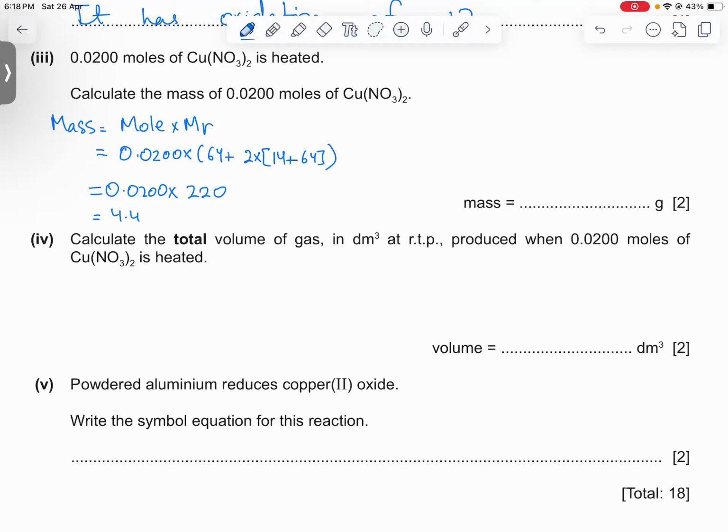The Mr: 14 plus 3 oxygens. Sorry, 64 is not the right answer. This should be 48, 3 oxygens is 48. 14 plus 48 is 62. Times 2 is 124. Plus 64 is 188. So multiply 188 by 0.02.